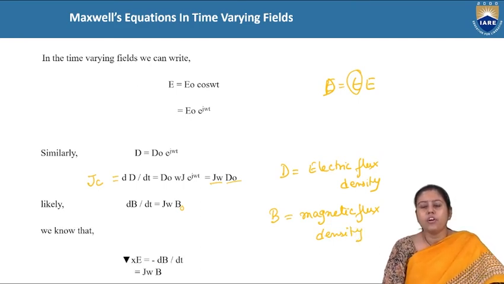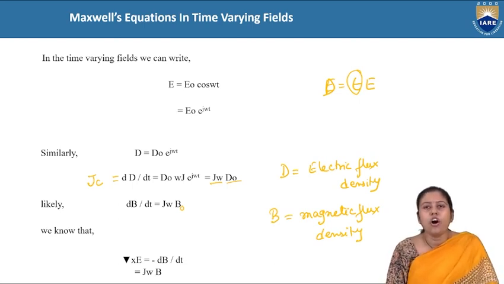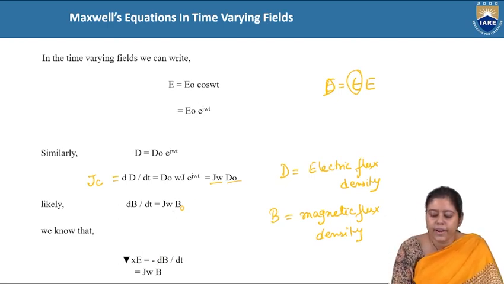So already we discussed the vector law of Faraday, or Maxwell's fourth equation, grad cross E is equal to minus dB by dt. And what is the value of minus dB by dt? It is J omega B naught.